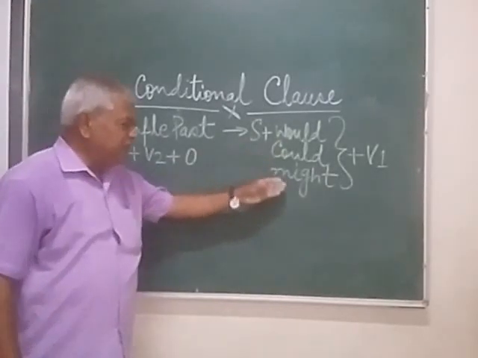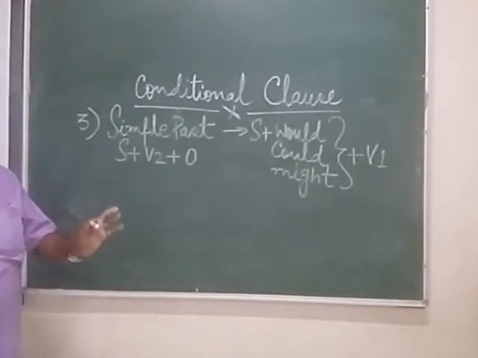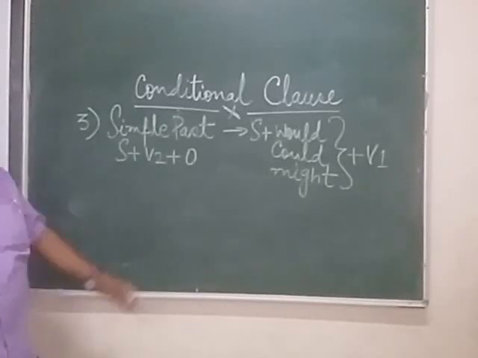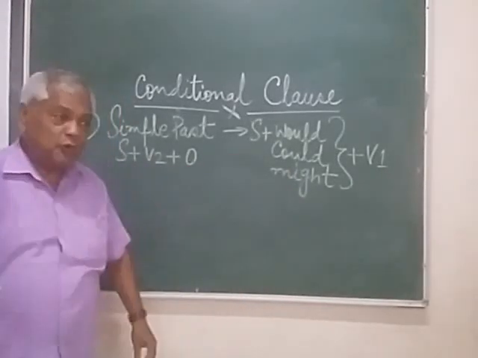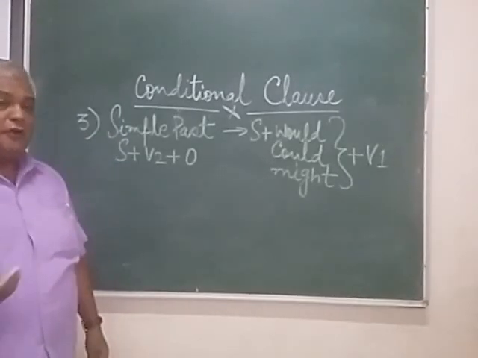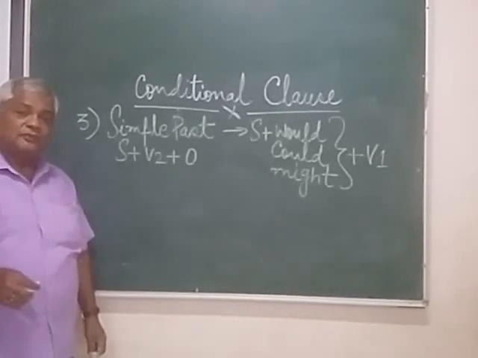Any modal from these three you can choose. You need not get any confusion. If you want to choose might, write might. If you want to choose could, write could. If you want to choose would, you may write would also.